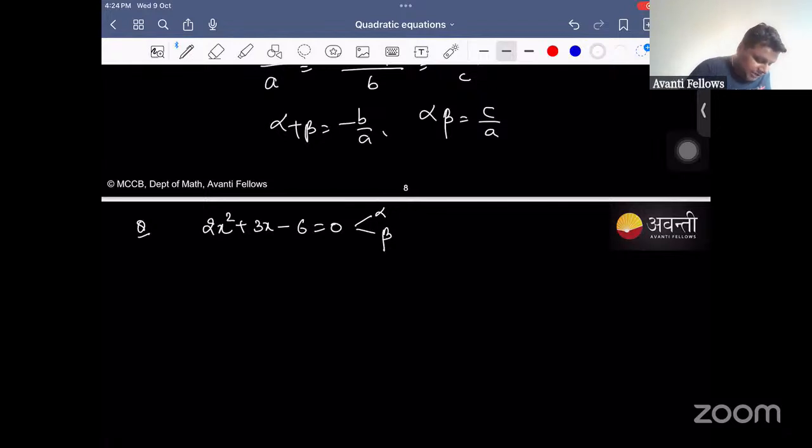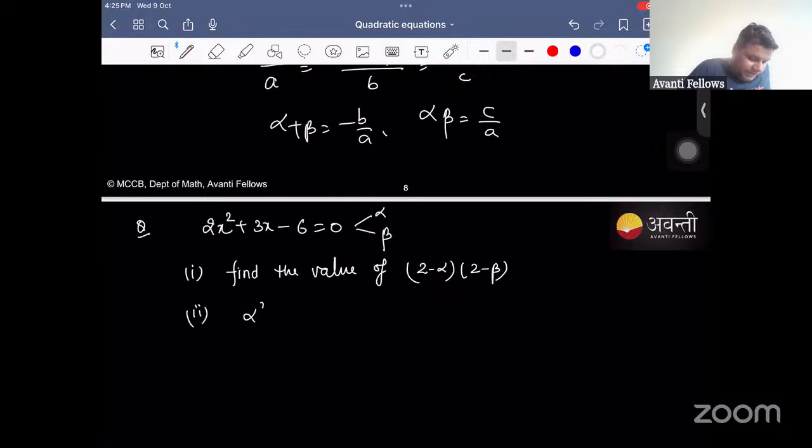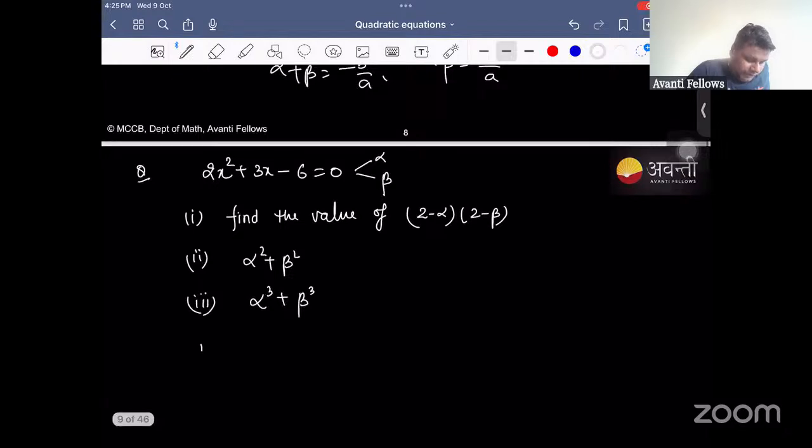Now, first question is find the value of (2 minus alpha)(2 minus beta). Second question, alpha square plus beta square. Third question, alpha cube plus beta cube. Fourth question, alpha cube beta plus beta cube alpha. Find these values. Yes, give it a try quickly. Take your time. Take 2 minutes.